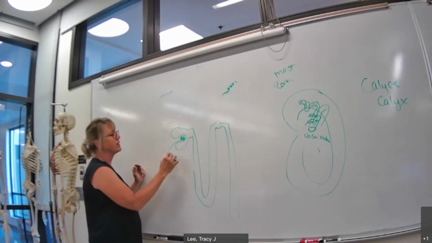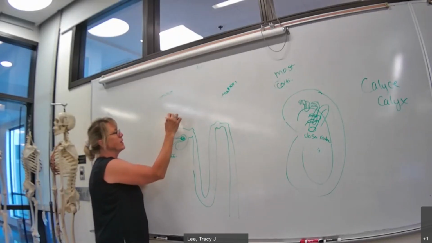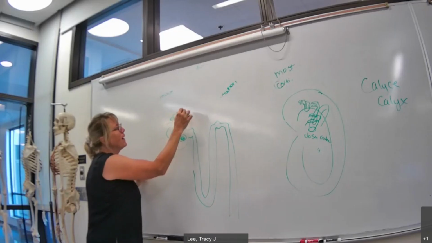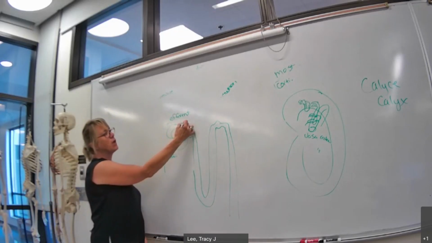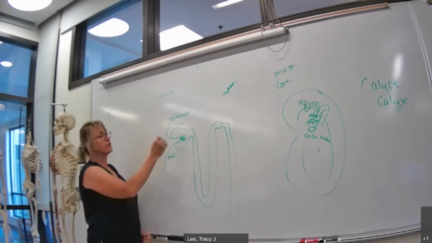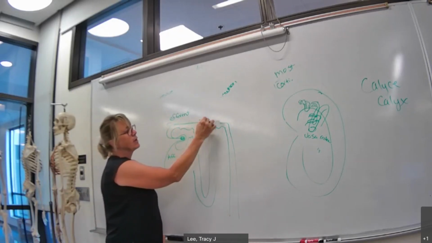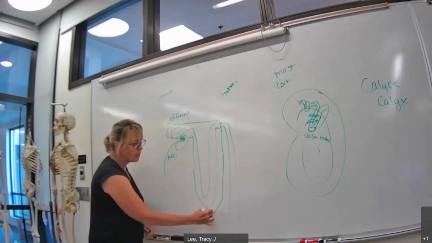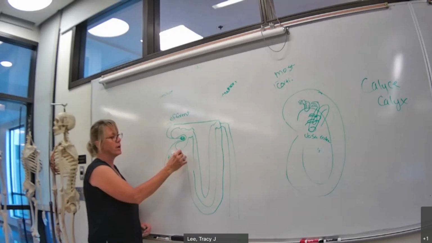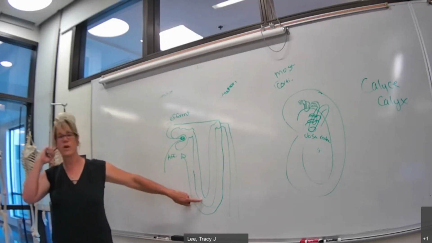We said this is afferent. This is efferent. What my efferent blood vessel does is it comes out and runs along the proximal convoluted tubule. It runs along the distal convoluted tubule, and it makes this big giant loop that mirrors my nephron loop.